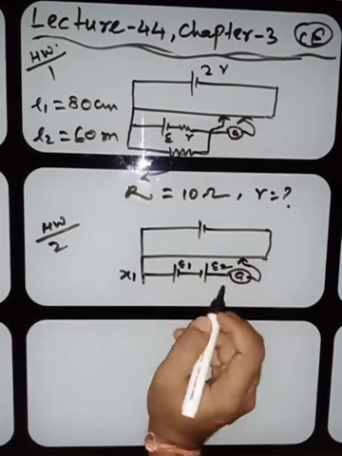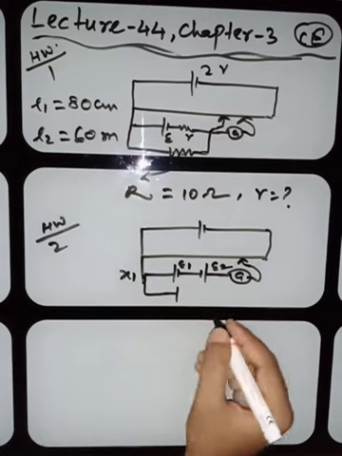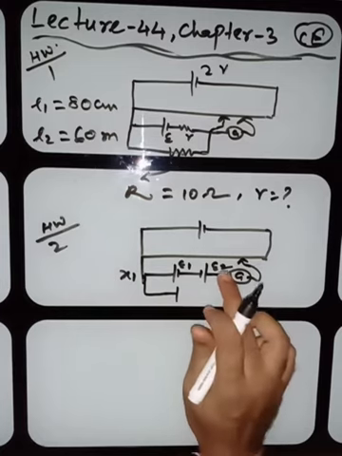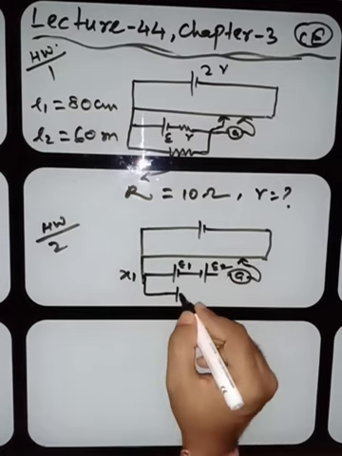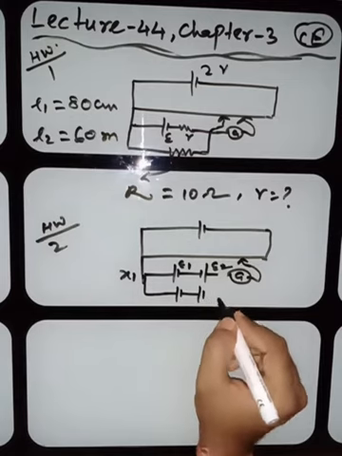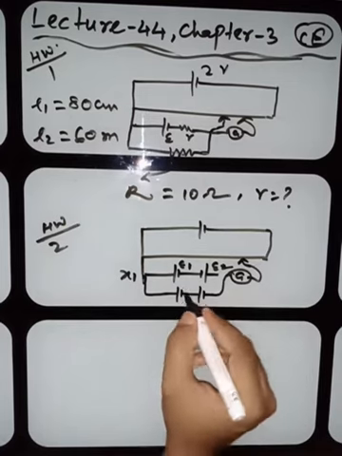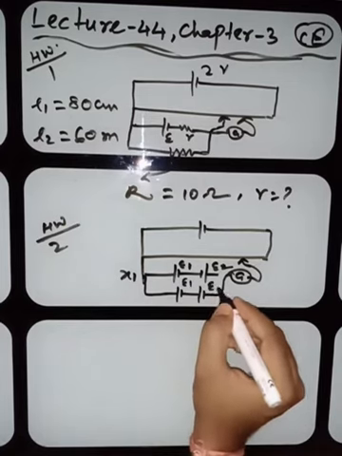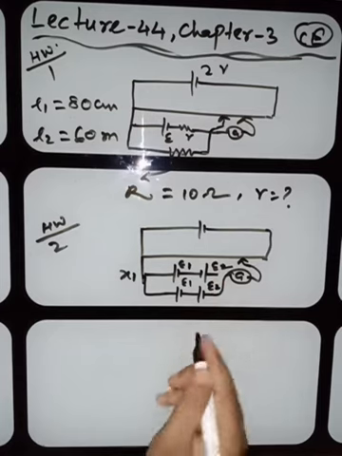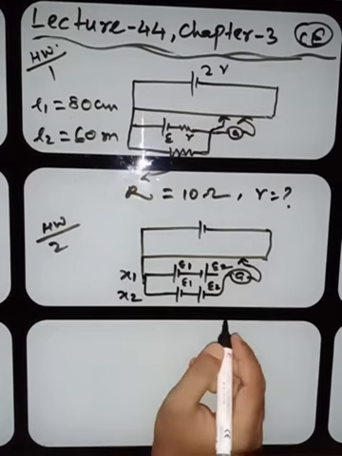When I flipped this E2, network will change, remember. Now I disconnect this one and connect with this one. When I flipped and connect with this one, this is E1 and E2. When I flip this one, now the circuit becomes, the balance length is X2.